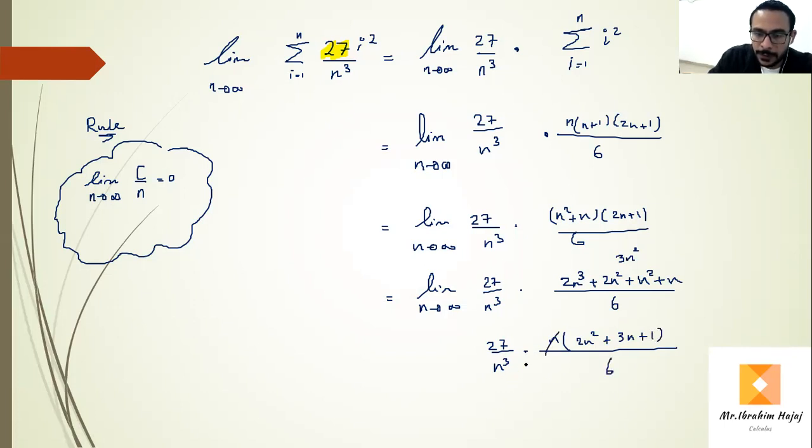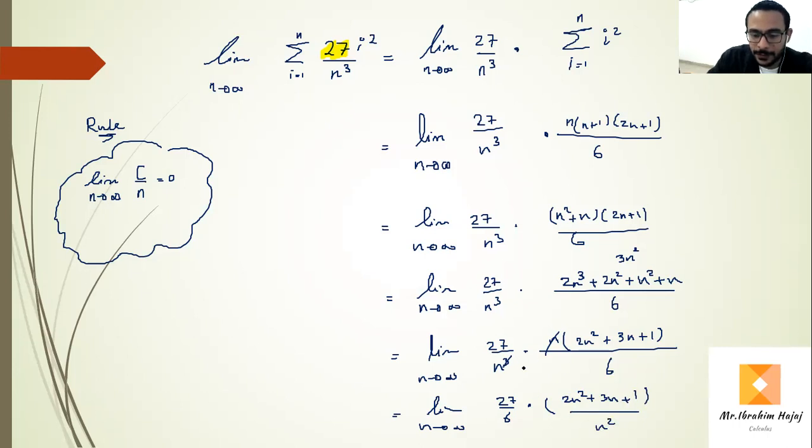Simply, we can cross out the n with the cube. We still have n squared down here. So the limit as n approaches infinity of 27 over 6 multiplied by 2n squared plus 3n plus 1, all over n squared, because we crossed out only the n with the cube.